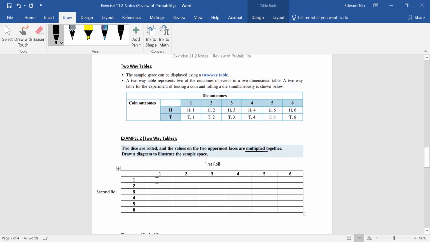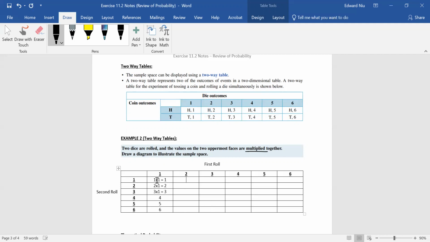So this one here would be 1 times 1, which equals 1. 2 times 1, which equals 2. 3 times 1, which equals 3. Then we've got 4, 5, and 6.